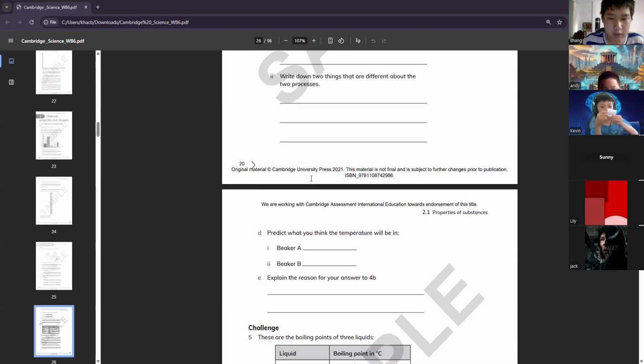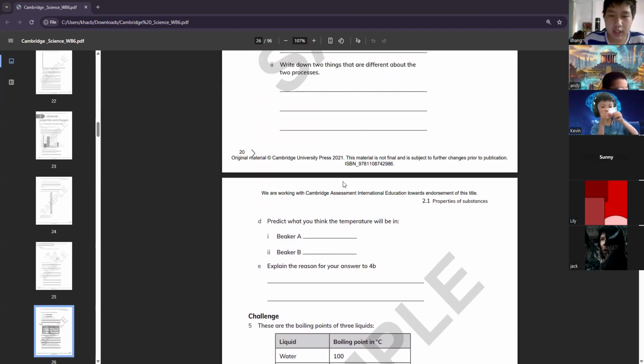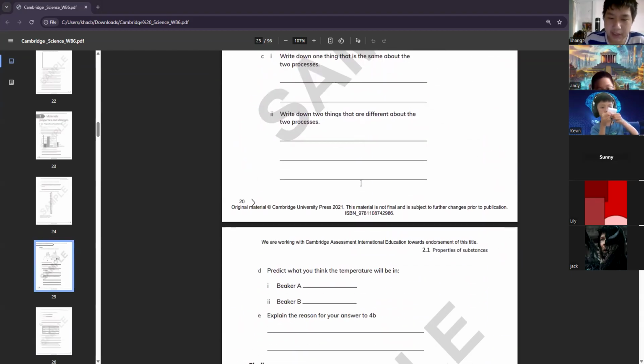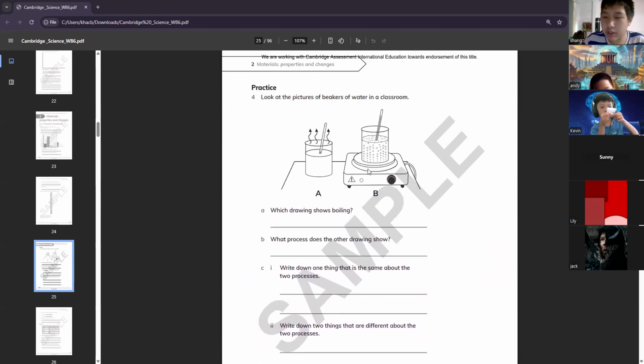So yeah. Anyways, can anybody predict the temperature in beaker A and beaker B? We're also going to assume that beaker B is water, okay? So B is 100. What about A?